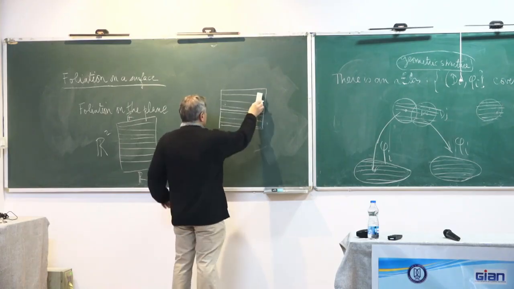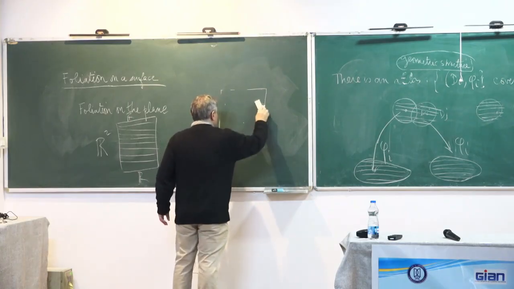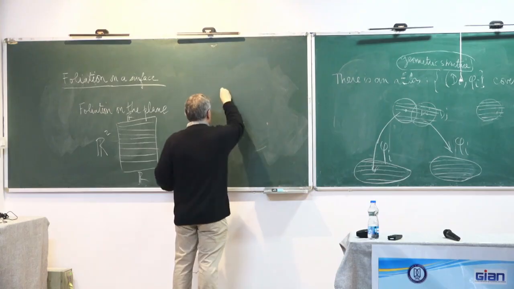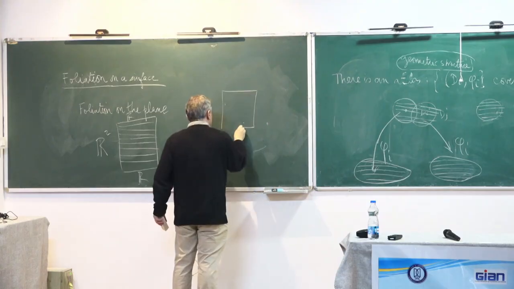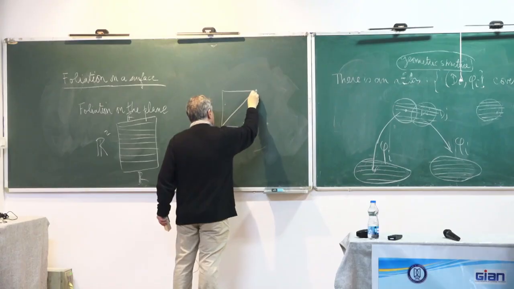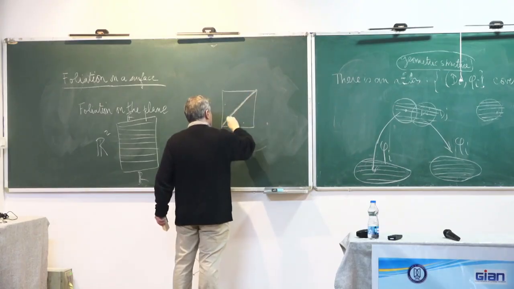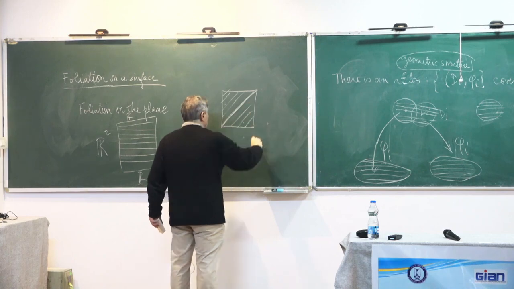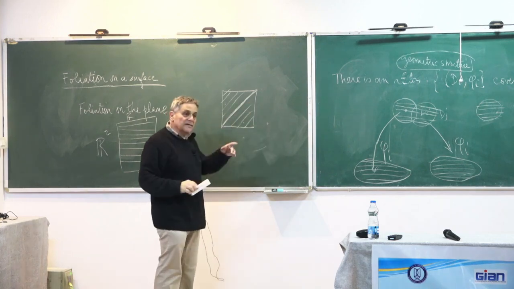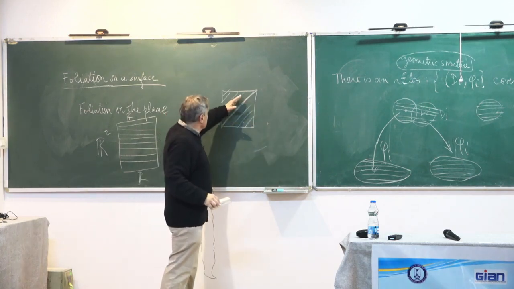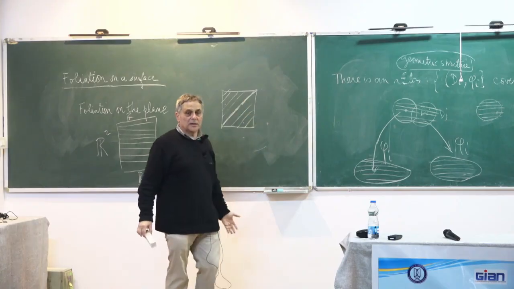If this is a square and I take 45 degrees like this, then it also comes back. All the leaves are closed leaves, parallel to this one.